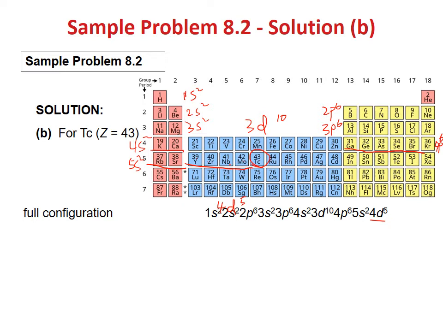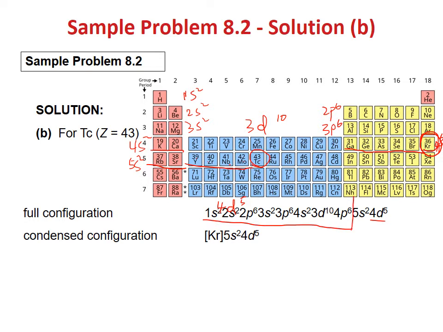Now to write the condensed configuration, we use the previous noble gas, which is krypton. Okay, so krypton in brackets, which has electron configuration until 4p6, and then the fifth row we have 5s2, 4d5.